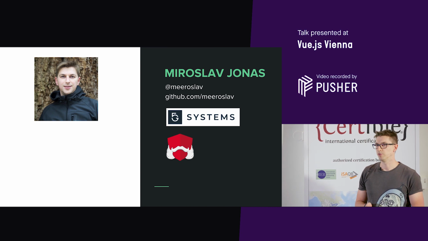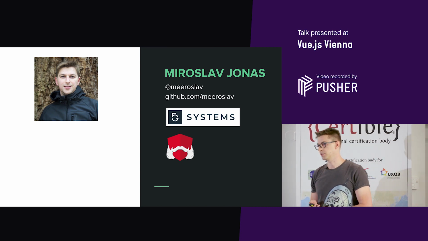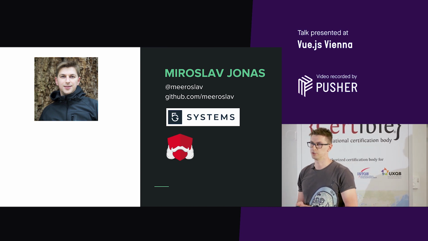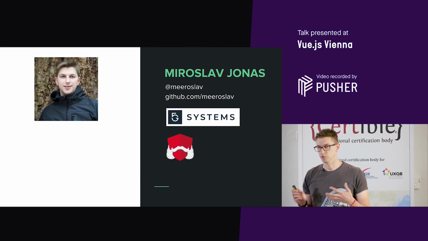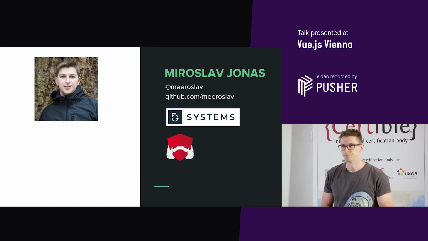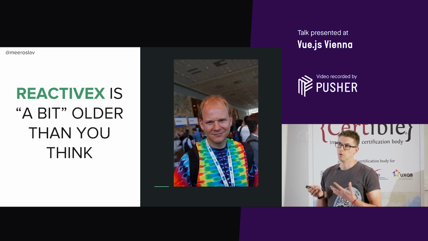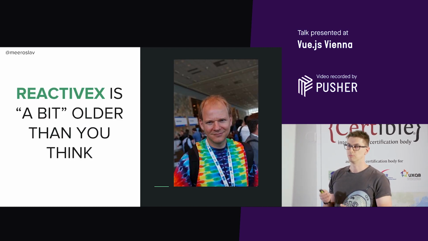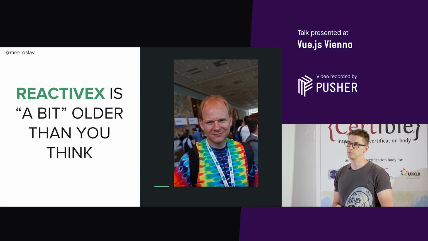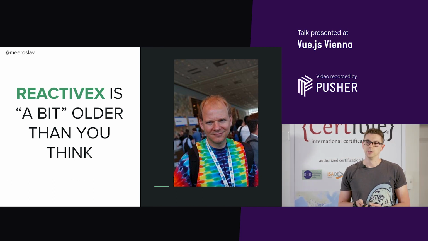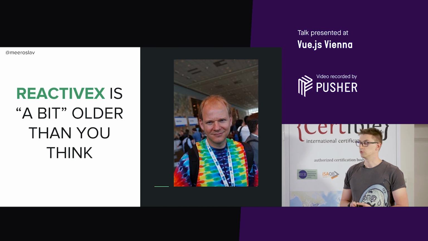So although some of you might know RxJS as closely associated with Angular, ReactiveX is actually way older than both Angular and RxJS. The reactive ideas first came out in 2009.